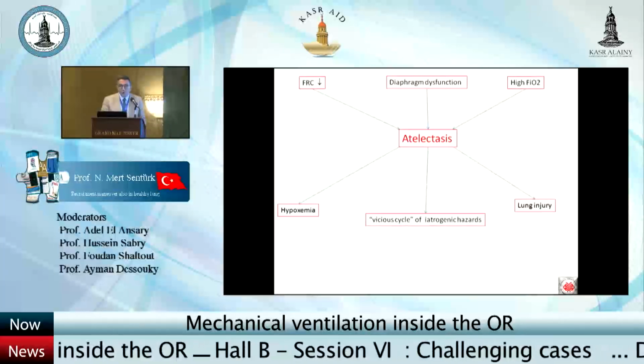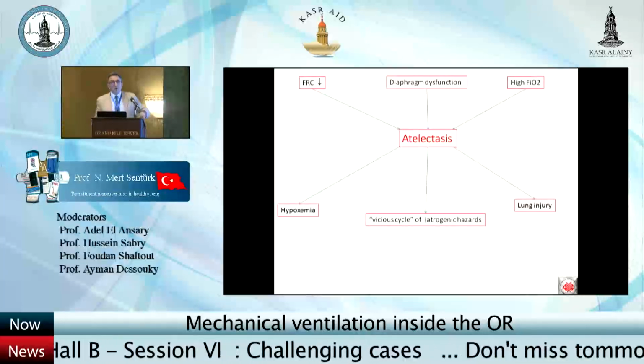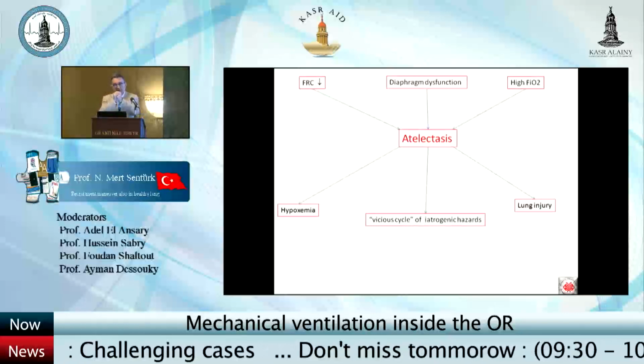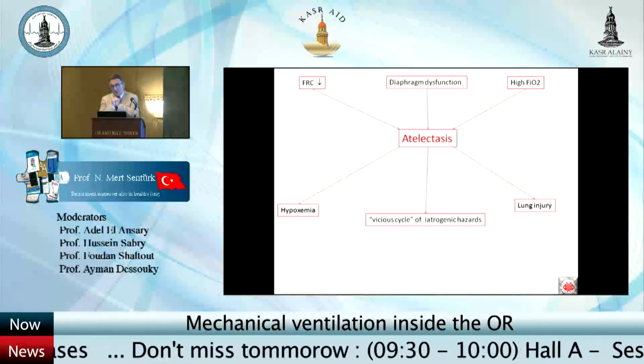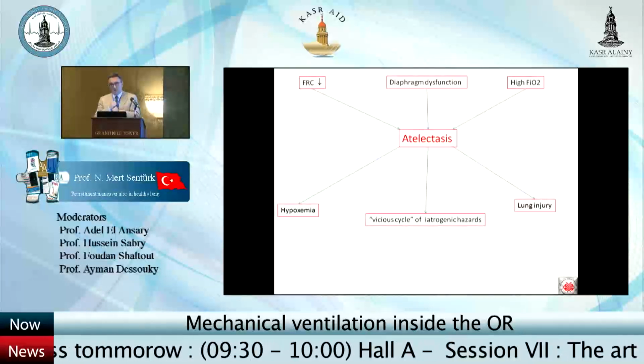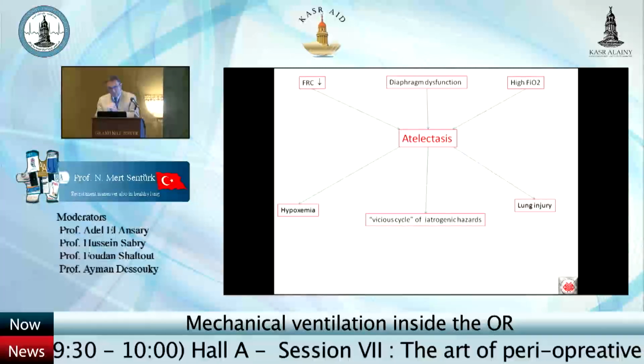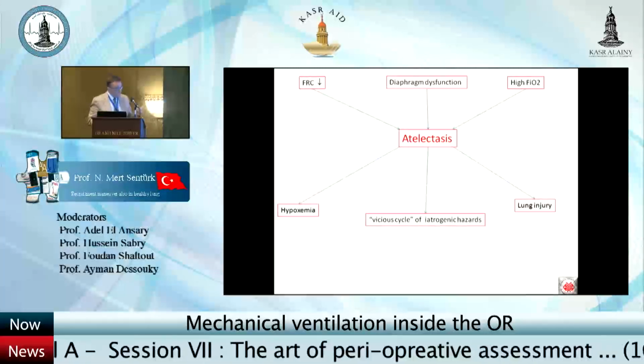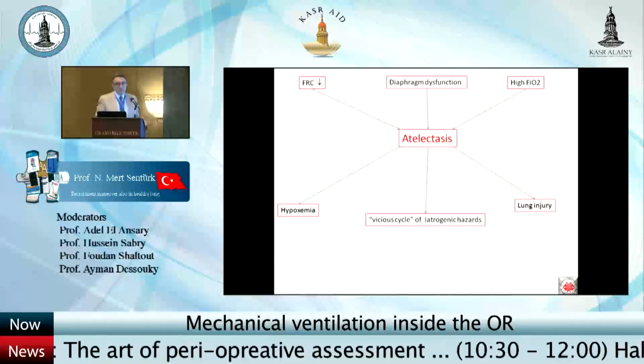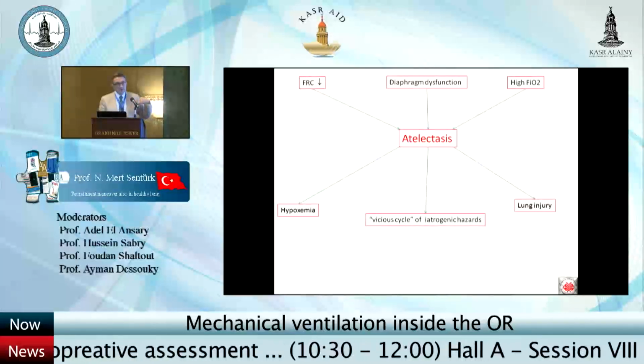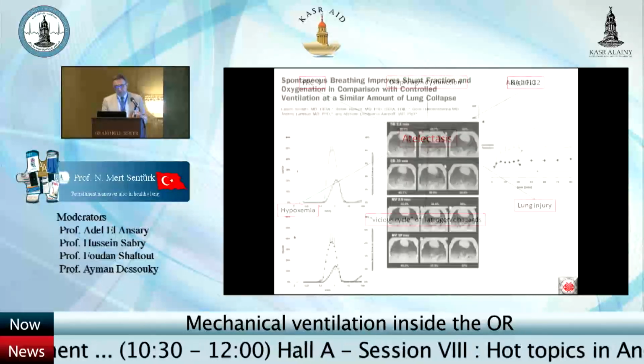And if we use large tidal volumes, you cannot prevent the cyclic opening and closing of the alveoli, which is actually the most important cause of lung injury during mechanical ventilation. Therefore, atelectasis can be even worse with the wrong ways of treating it.